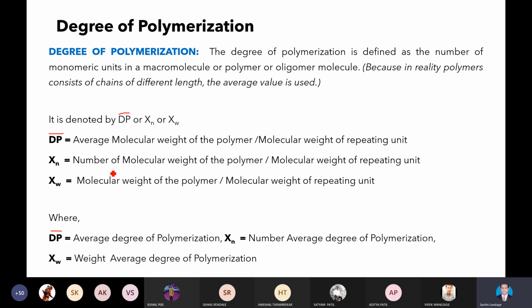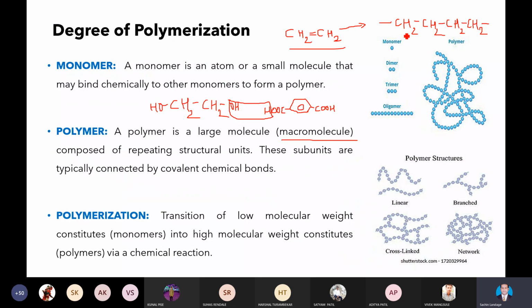Xn means the number average molecular weight of the polymer, so here the number average molecular weight we have to take into consideration. And Xw, here you have to take into consideration the molecular weight of the polymer relative to the molecular weight of the repeating unit. Now the repeating unit is nothing but, I will show you here.